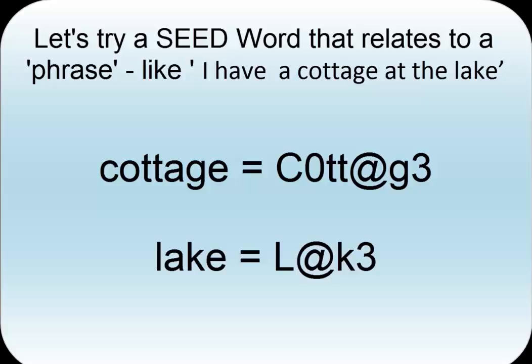Or lake becomes capital L, symbol at, lowercase k, number 3. In both these cases, you will now notice that the seed words include all 4 of the character sets, so you don't have to tend to that requirement anymore. By having an easily remembered phrase, like having a cottage at the lake, you can then remember what the seed word is that you have chosen.